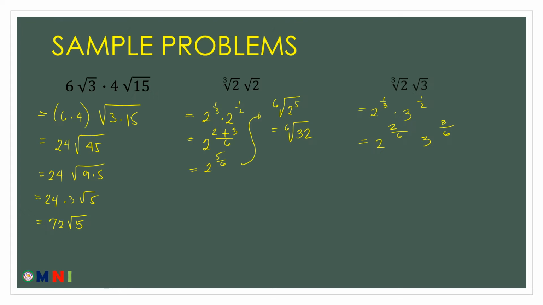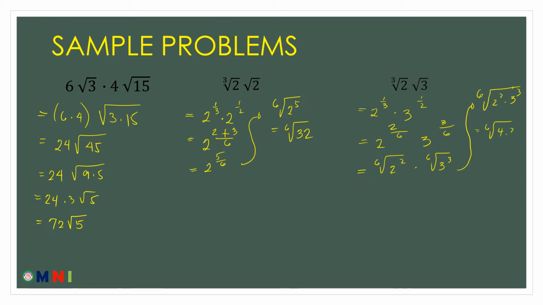And then, you write them in radical form. So the 6th root of 2 squared times the 6th root of 3 cubed, which is, of course, when you combine it, the 6th root of 2 squared times 3 cubed.